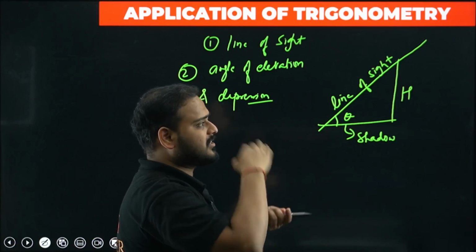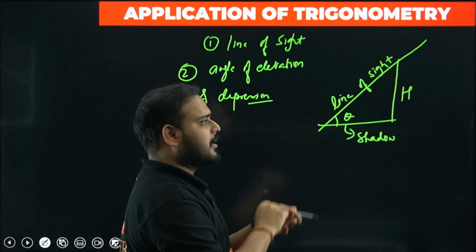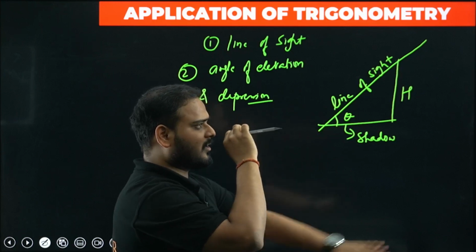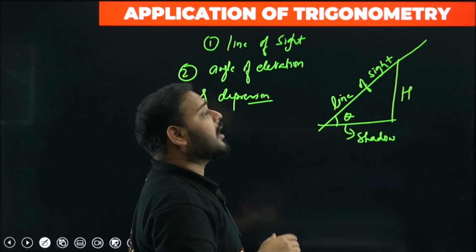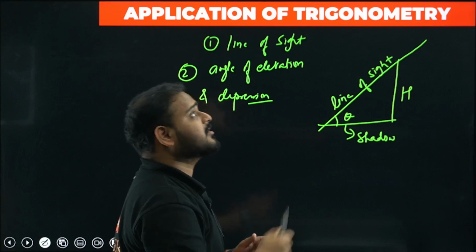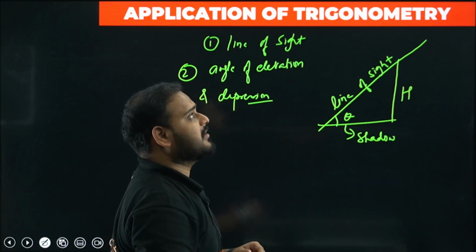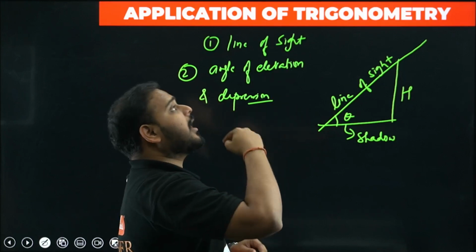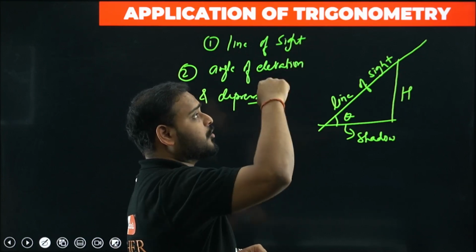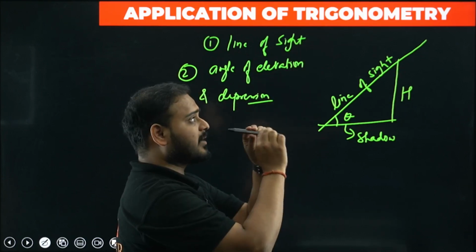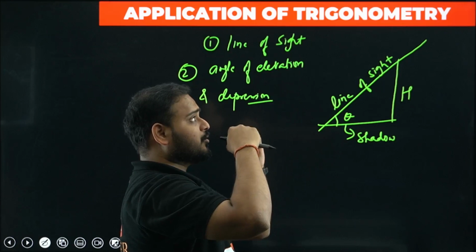This is my neutral axis, the plane parallel to the horizontal surface, right? Now when I'm looking at an object which is higher than me, it means I'll be looking up, right? So my line of sight will make an angle with the horizontal. I'm looking up, so this is the angle.